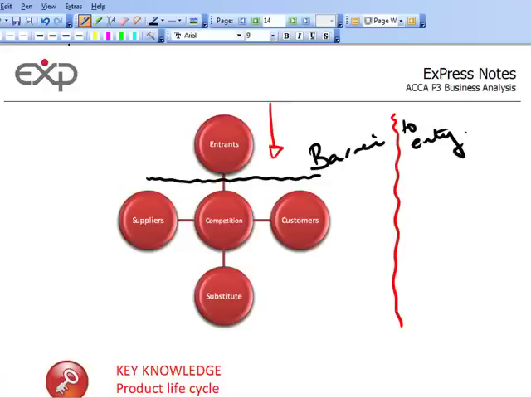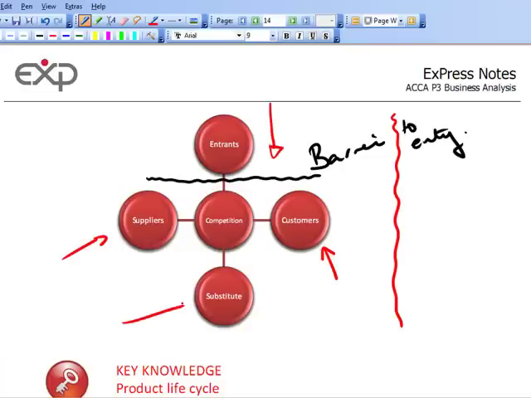Then if we look at suppliers, remember the power of supplier would depend on how different the supplier is. And remember the example of Intel, the computer chip manufacturer, versus a sugar producer for a soft drinks manufacturer. What about customers? Obviously, the bigger, the more important the customer, the stronger their power would be. Smaller customers, limited amount of power in this relationship.